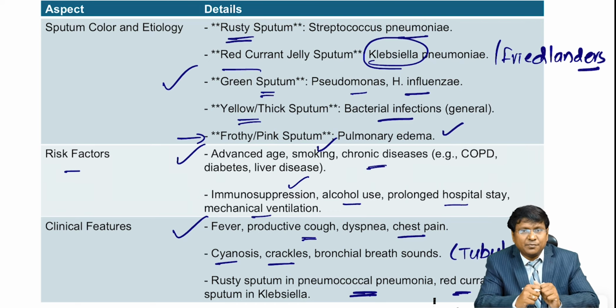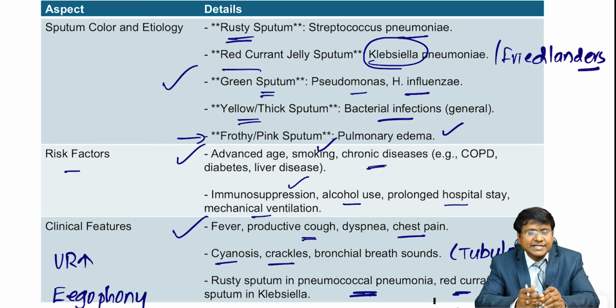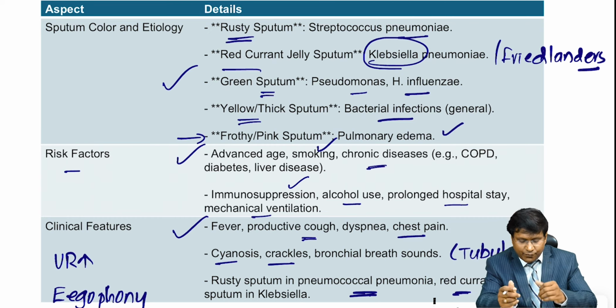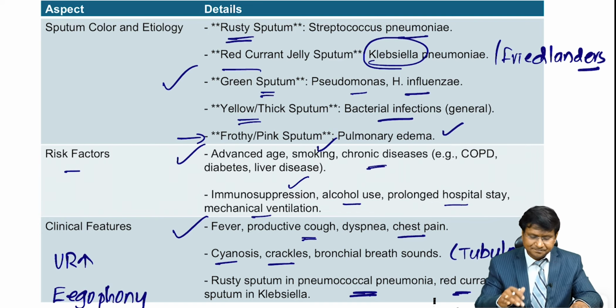And the very important point that you need to remember is on auscultation, the vocal resonance is increased and there will be egophony. These two are the important auscultatory findings in patients with pneumonia with lobar consolidation.